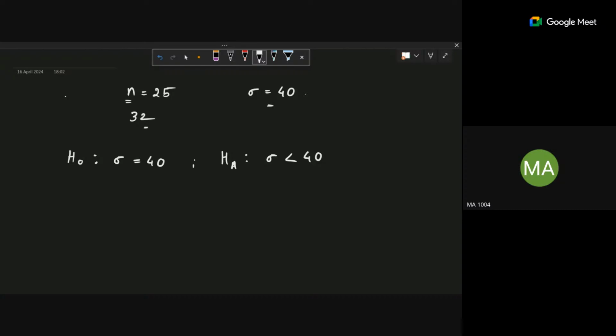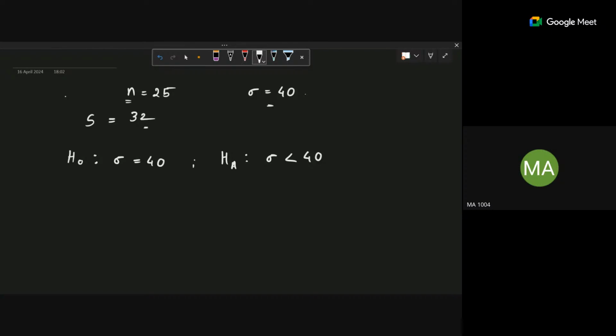It could be not equal to 40, or greater than 40, and you directly said it's less than 40. Why is it so? Because from the sample of size 25, we got a standard deviation of 32, which was less than 40. So our alternative hypothesis was this.